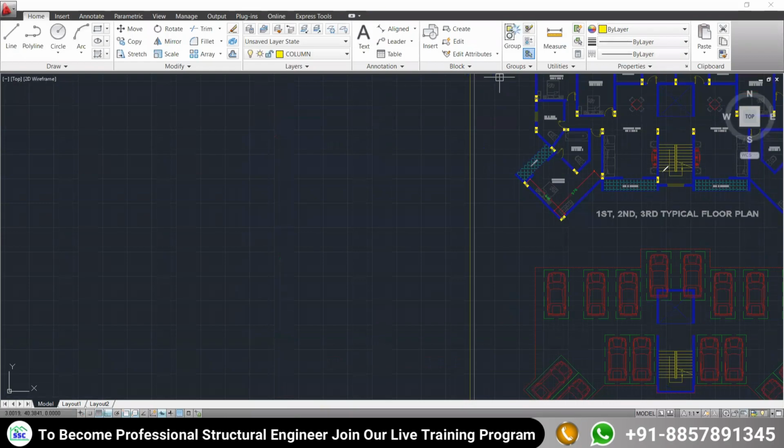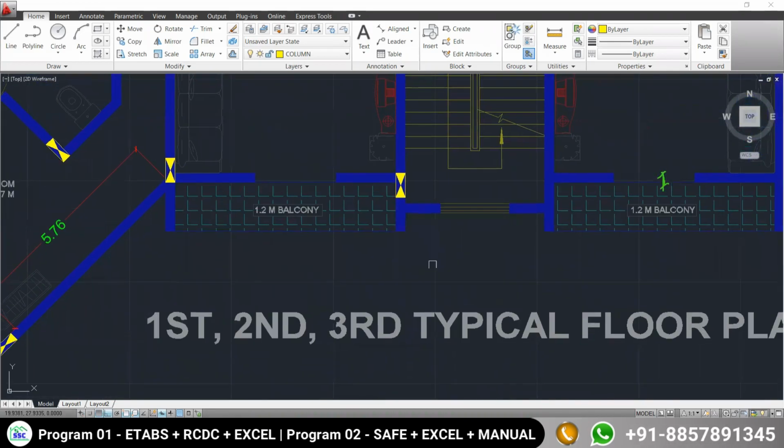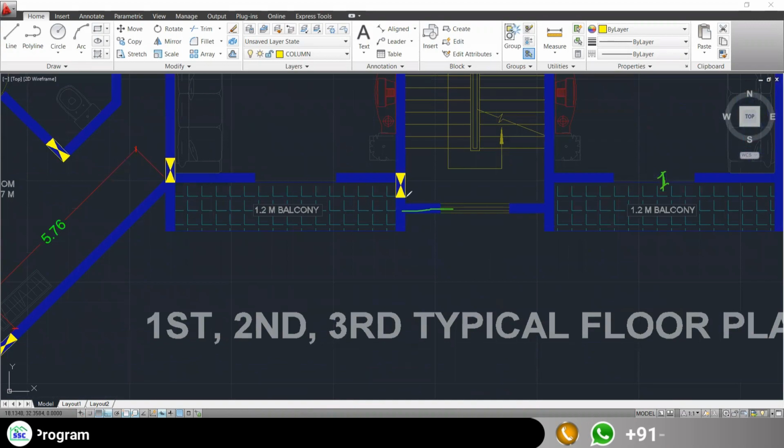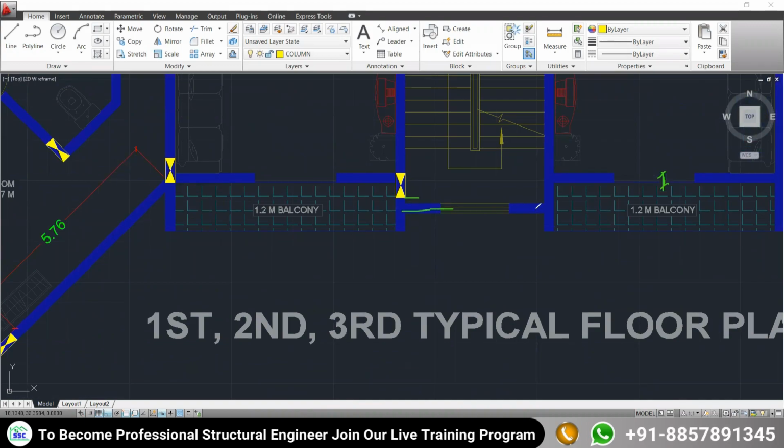This is not the end of the mid landing. End of the mid landing is what? End of your mid landing is actually this line, and your column end is this much. So your mid landing beam is not going to rest on or be connected with your column directly.